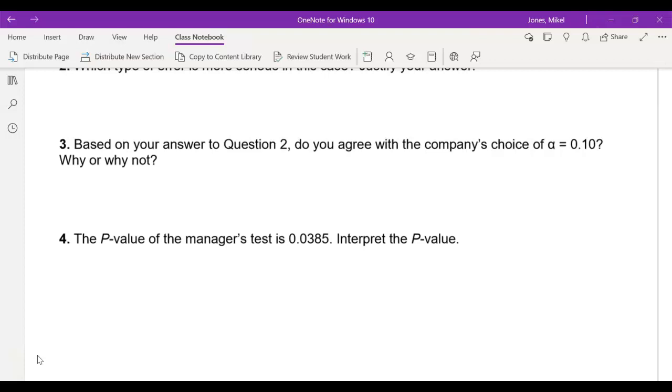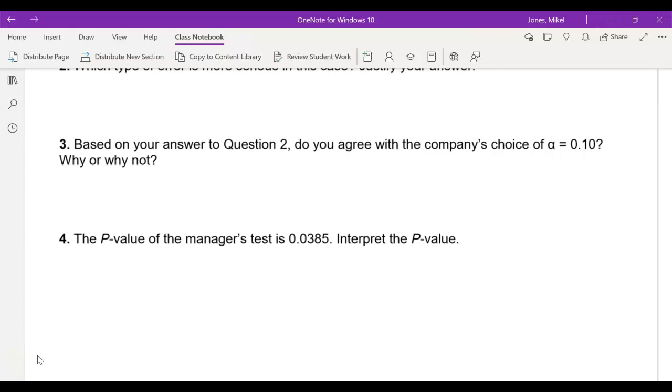So interpret the p-value itself. This is assuming that the H0 is true. This is the probability that we got a sample as extreme as we did just by chance alone.